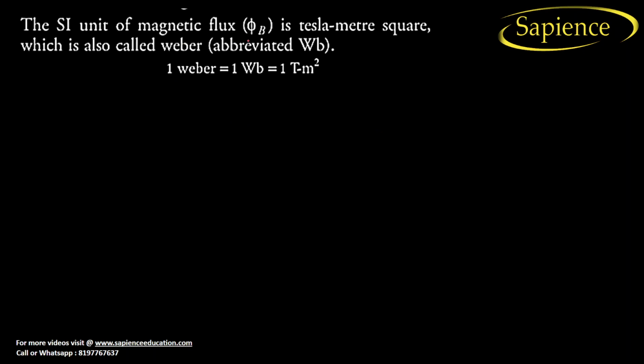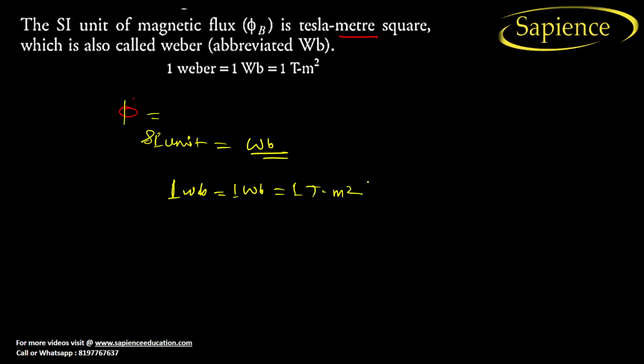Now the SI unit of the magnetic flux is Tesla meter square or Weber. Again you just remember this, the SI unit of flux is WB, Weber. 1 Weber, that is 1 WB, is equal to 1 Tesla meter square.